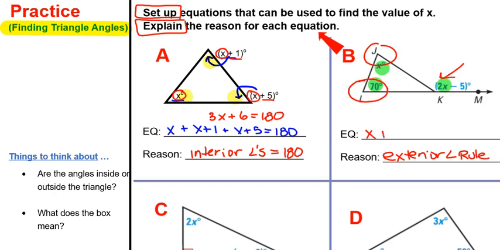So we have the x plus the 70 on the inside equal to the outside, the 2x minus 5. There's your setup. That's all that we have to do there. Let me stop right there and I will move down.